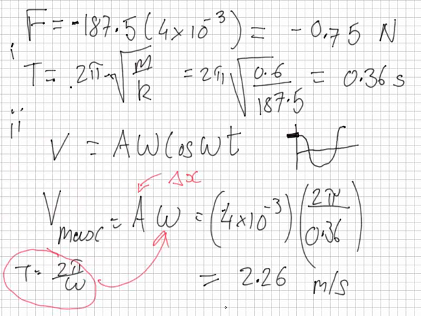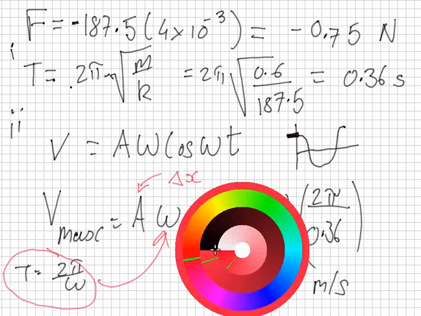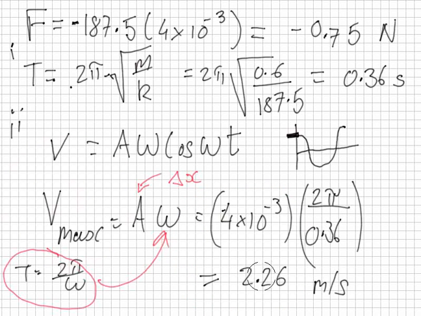Andy, give me the final answer, please. 2.26 times 0.004. It's 9.04 times 10 to the negative 3.